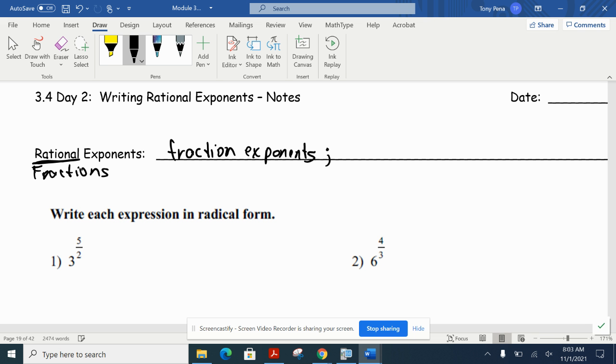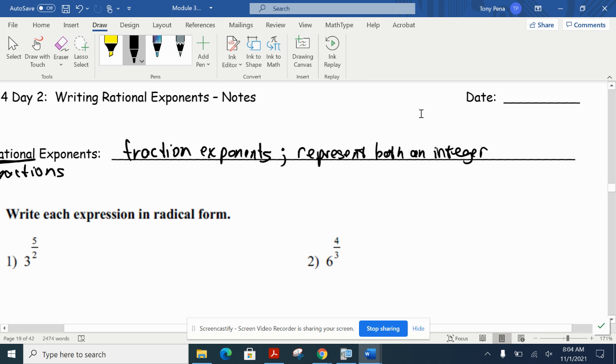And they represent both an integer, a nice non-fraction or decimal, a nice integer exponent, and an nth root. And we'll explain what that means here in a minute.